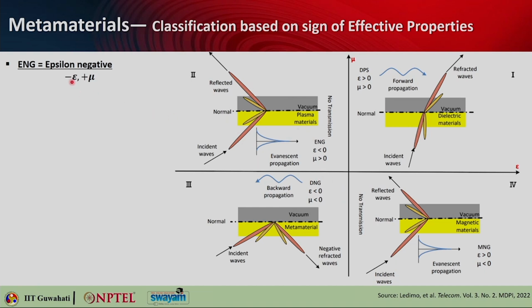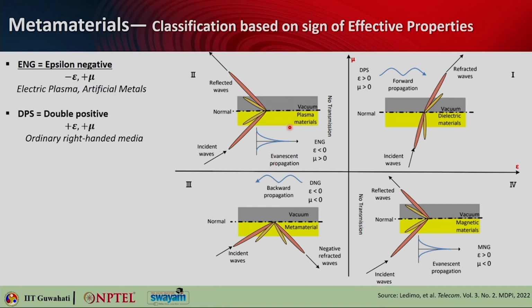Your epsilon is negative, mu is positive. If you have light falling this way, you will get reflected light this way, but there is only evanescent propagation. This is the plasma material, so artificial metal or electric plasma support this one.